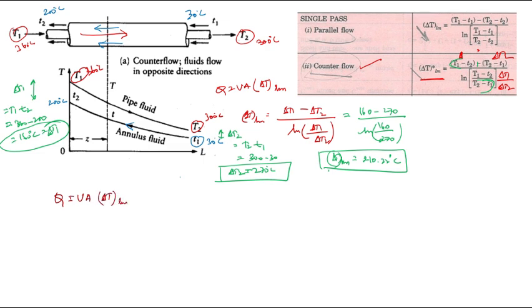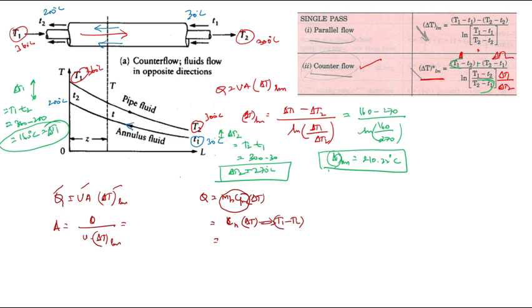So already you know the heat transfer coefficient and delta T LM. Finally we don't know the A. So A is equal to Q divided by U into delta T LM. Q you can find from the previous part: Q is equal to mH into CPH into delta T. This mH and CPH is called CH into delta T. C is heat capacity, and delta T can be written as T1 minus T2 for the hot fluid.